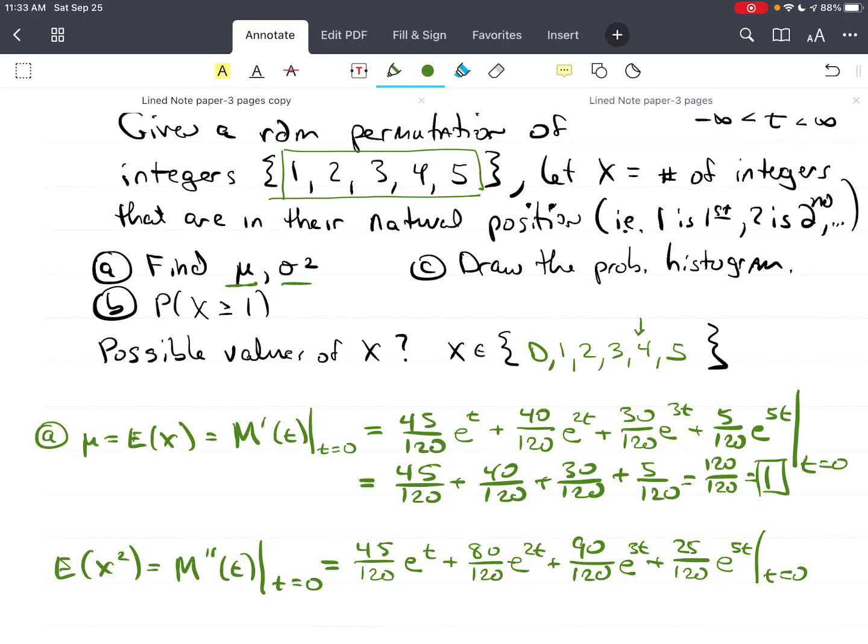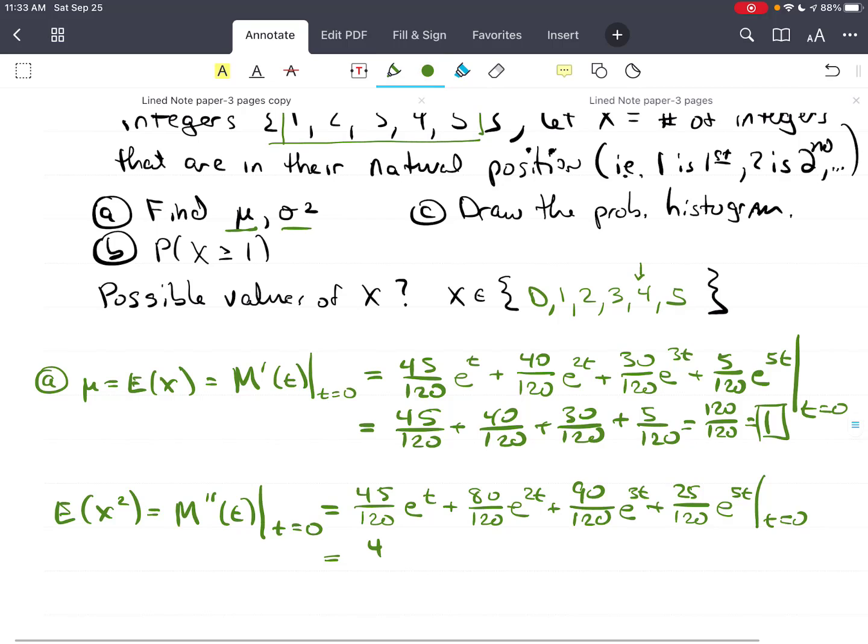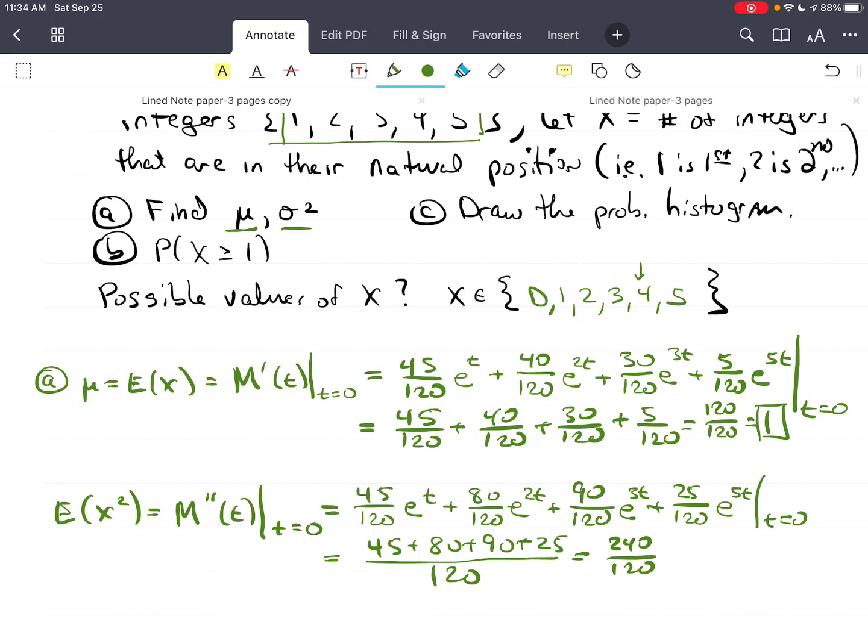And at t equals 0, this reduces to 45 plus 80 plus 90 plus 25 over 120, which is equal to 240 over 120, which is 2. Okay? And that means that sigma squared, which is equal to the expected value of x squared minus mu squared, or E of x quantity squared, is equal to 2 minus mu, which is 1, so 1 squared, which is again equal to 1.